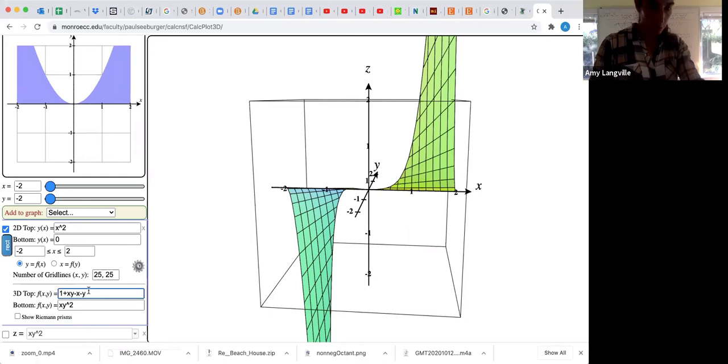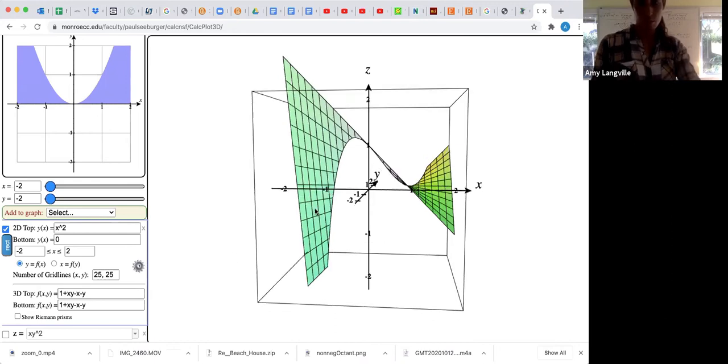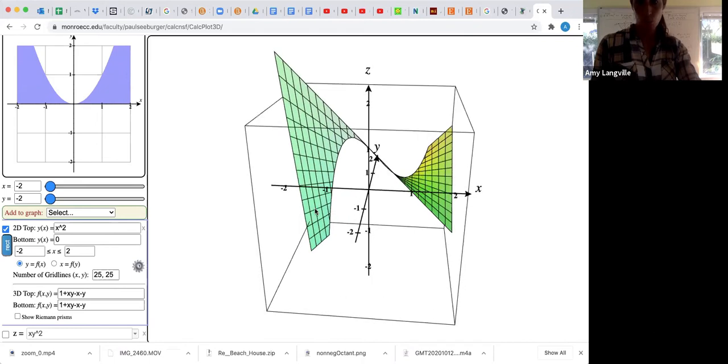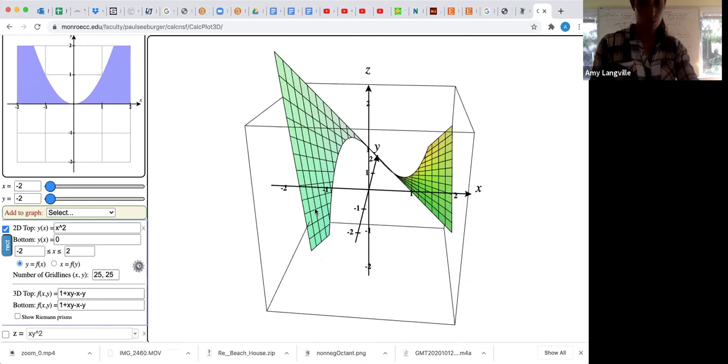Did I get that right? Yeah. Wild, right? That's the section of the surface. Some is above the xy plane, some is below. Oh wait, I didn't do my, that's funny.